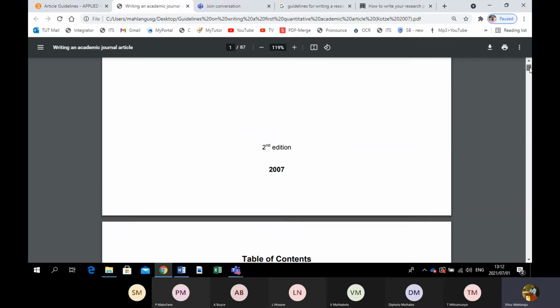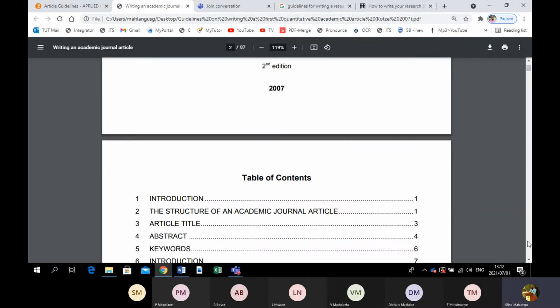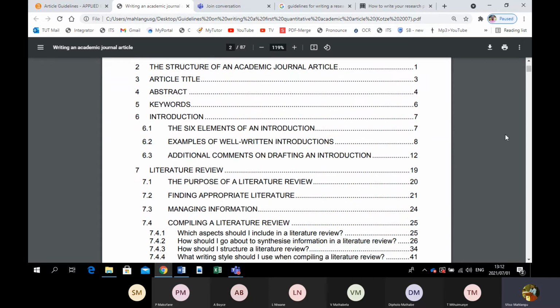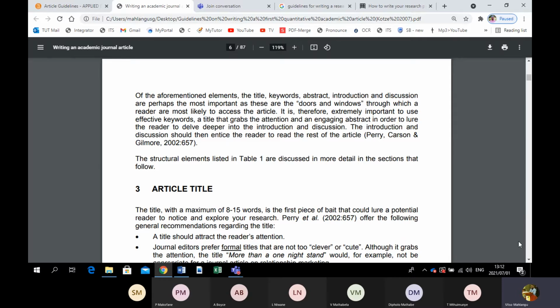When you look at the table of contents, it tells you in terms of the article title what should be included there, the abstract itself, the keywords, and in the introduction, what the 6 elements of an introduction are. So as soon as you understand all this, it becomes way easier and much faster to actually evaluate any research proposal. So let's quickly go to what it says about the title.